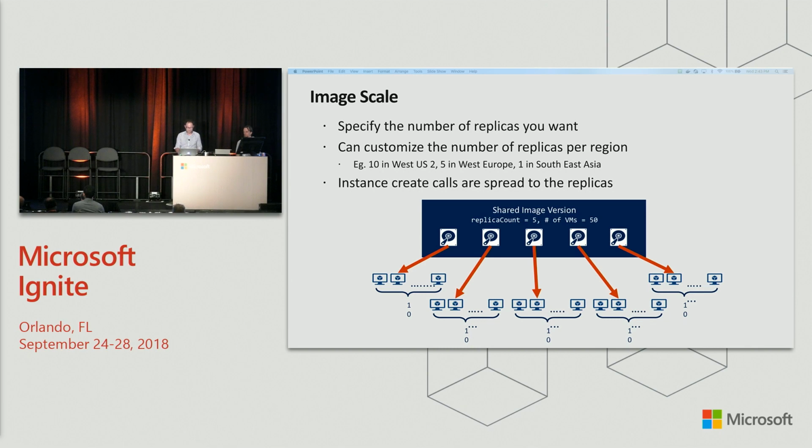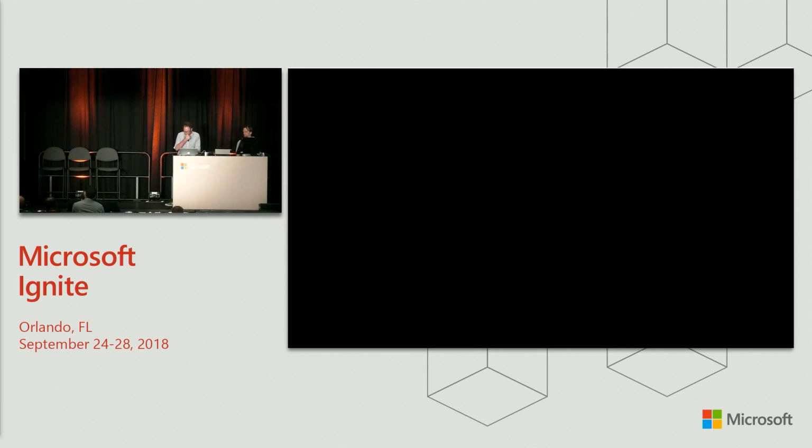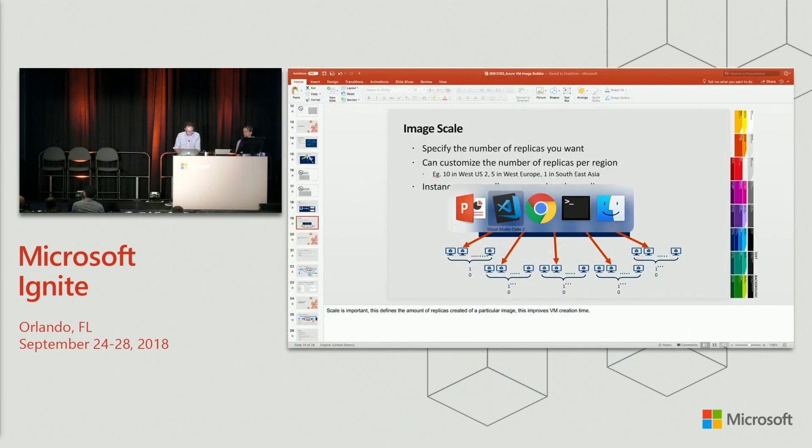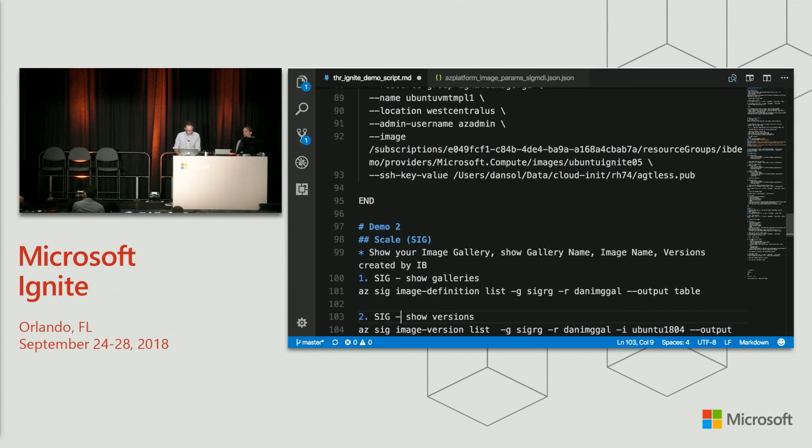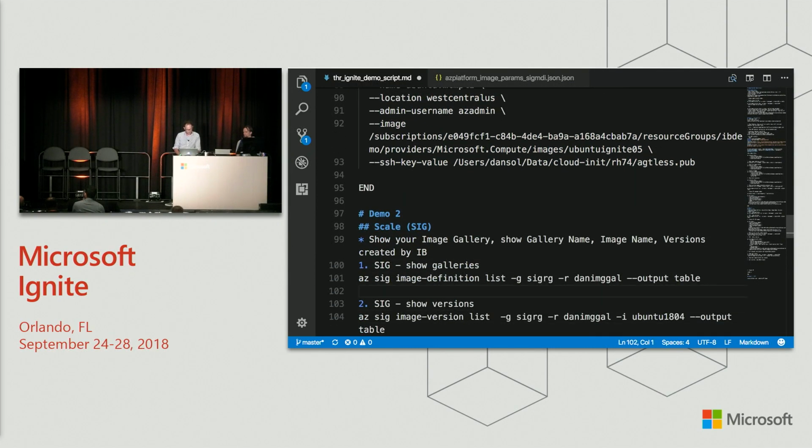So let's have a look at some code. First of all, I'm going to show you this piece of code here. What I'm doing is dumping out the list of image definitions that I have in my shared image gallery.